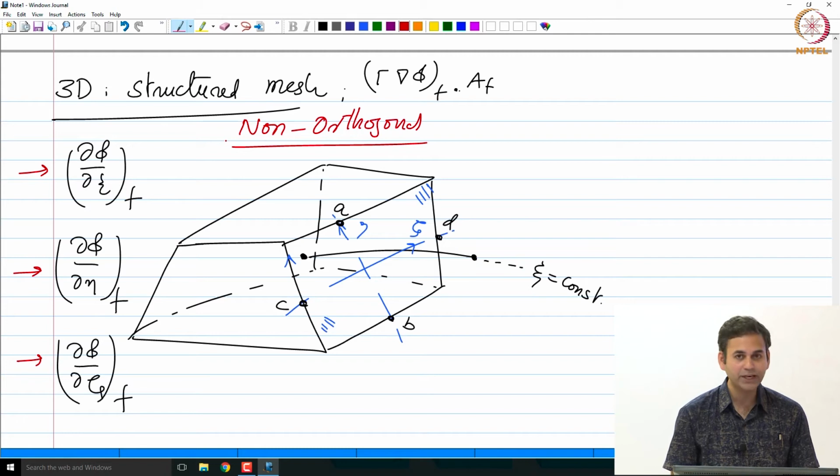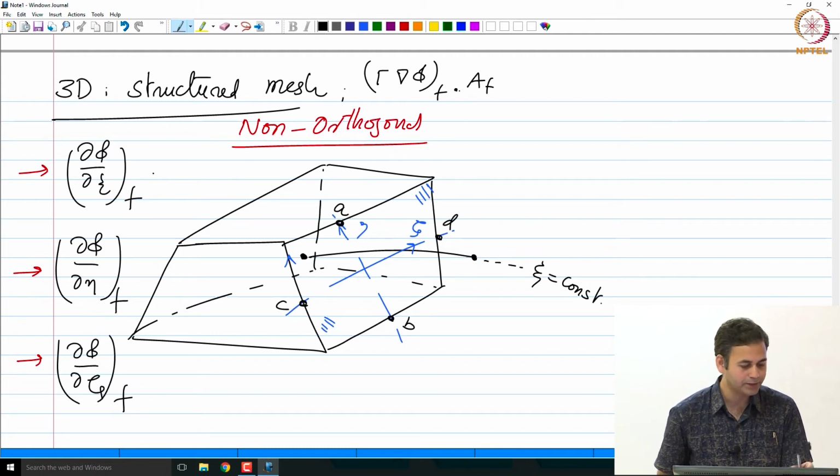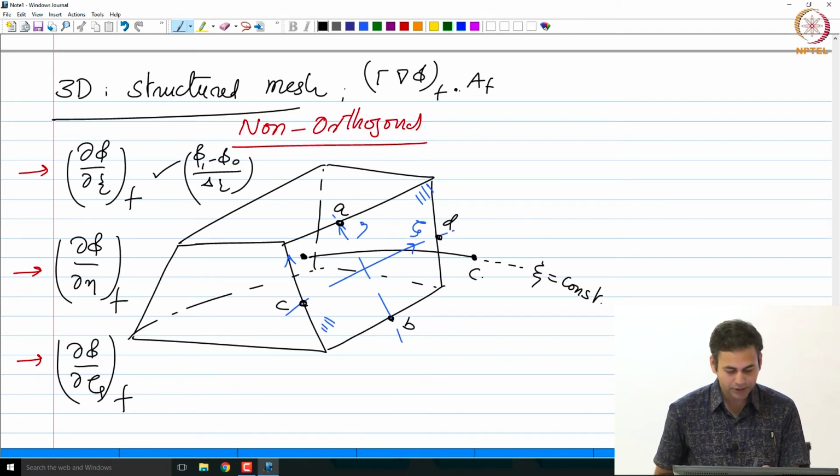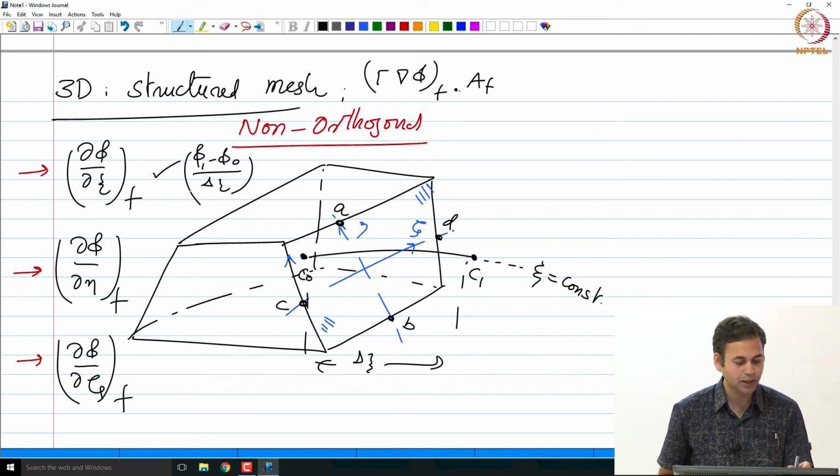So when we say secondary, we know how to calculate this primary one. How do we do this? Same as before: phi 1 minus phi 0 by delta xi, that means this is C1, this is C0. This distance would be your delta xi, and these coefficients will go into the coefficient matrix. What about these 2 terms, partial phi partial eta? How can you calculate?